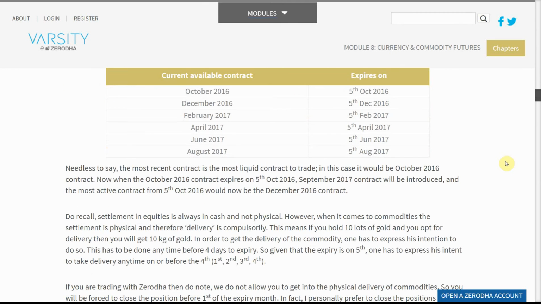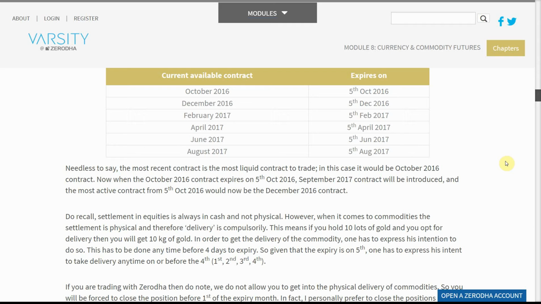Current available contracts expire on October 5th, 2016, December 5th, 2016, February 5th, 2017, April 5th, 2017, June 5th, 2017, and August 5th, 2017.